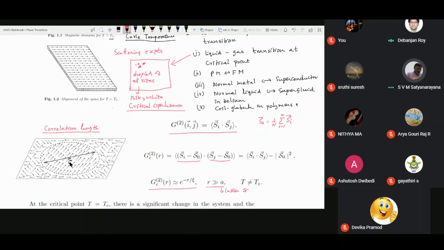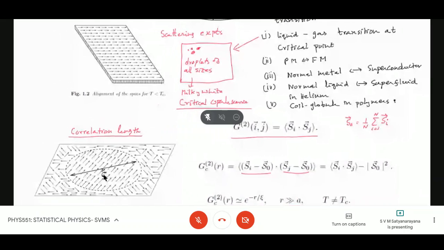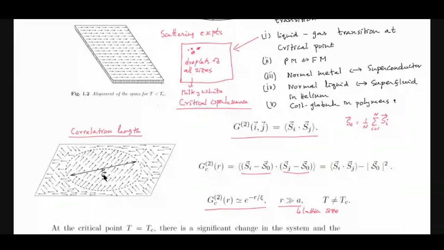Sir, is correlation length related to opinion formation theory? Like one person influences his nearest neighbor. Yes, at some level you can model it like that, but it is not so inanimate like this.